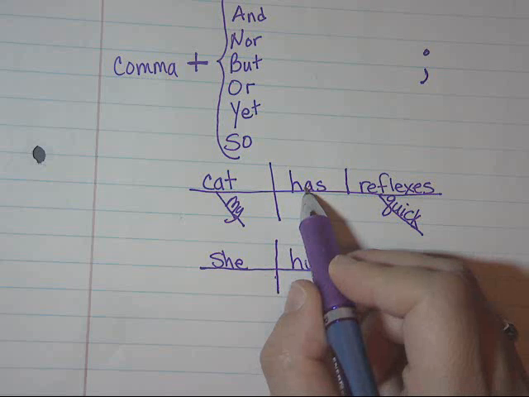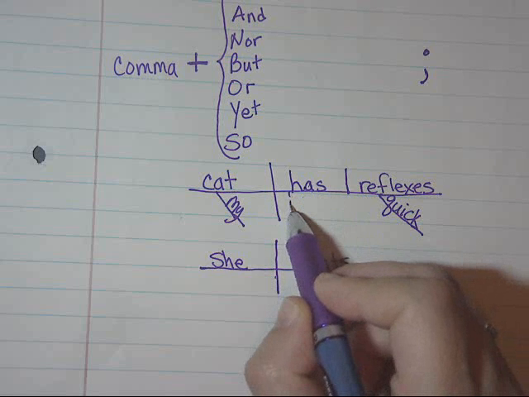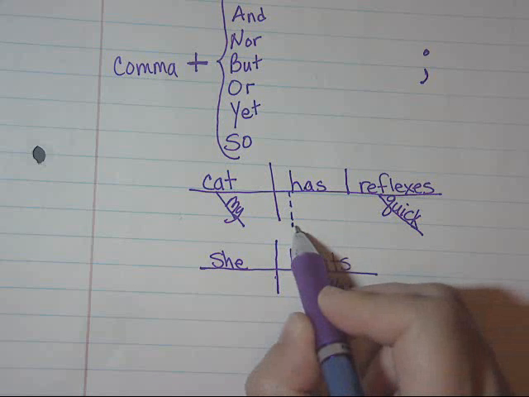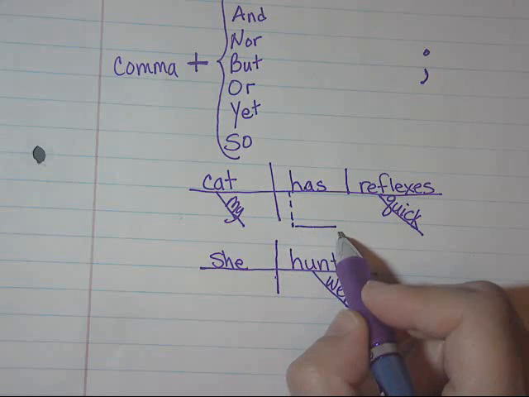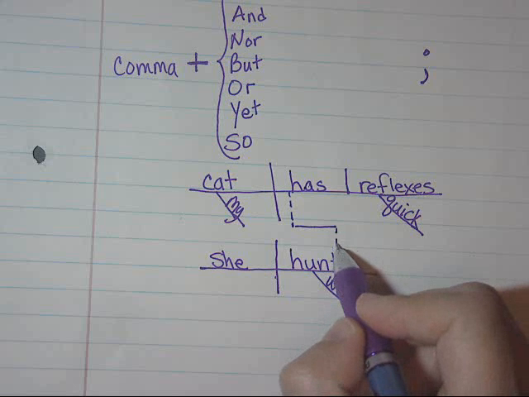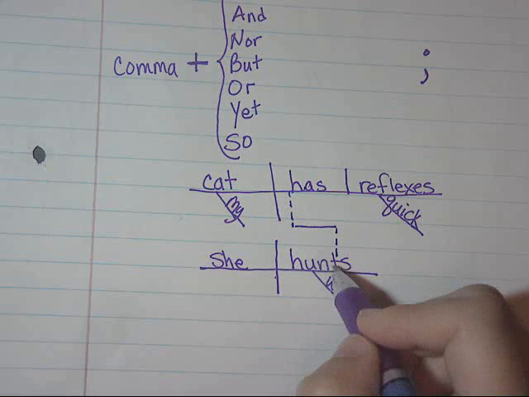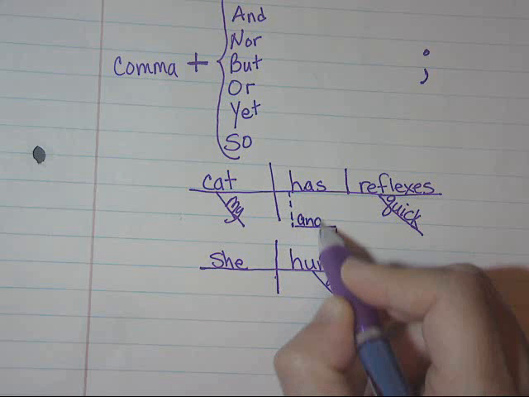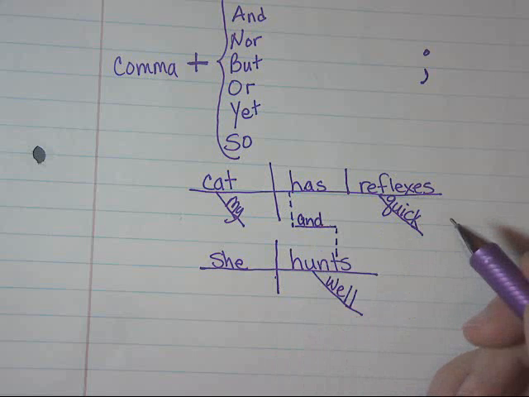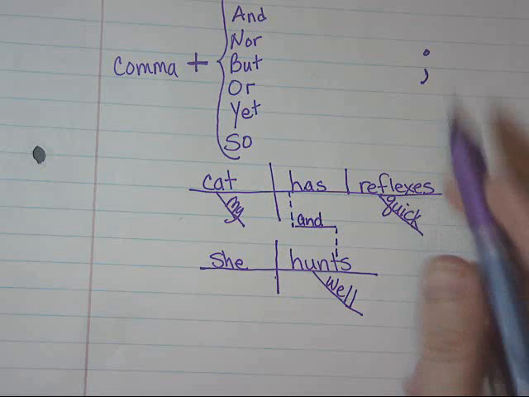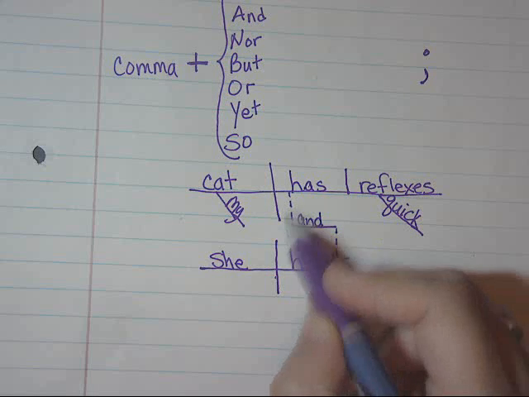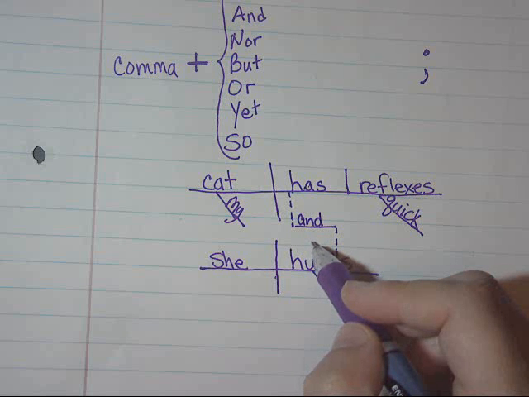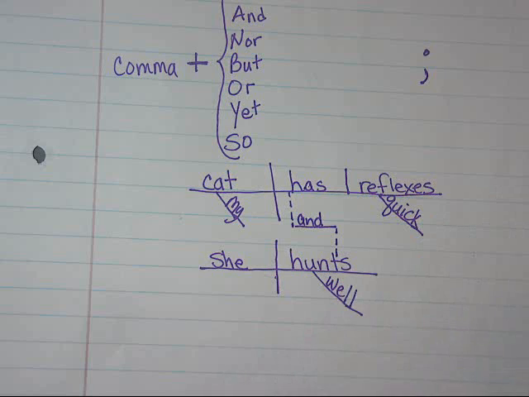So, starting from the verb at the top, take a dotted line down, about halfway, make a little plateau, and then take the rest of the dotted line down to the second verb. On the plateau, we're going to write our conjunction. And if we had a semicolon, we would leave that blank because we don't diagram punctuation, right? Very good, and you've done it.